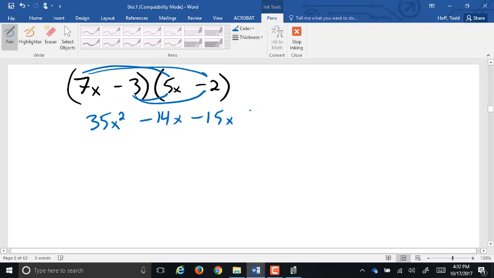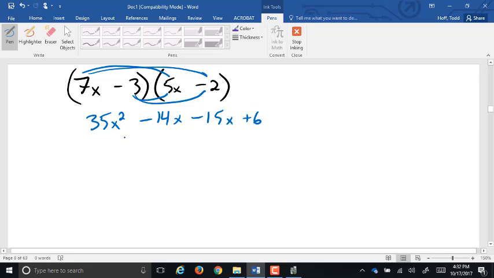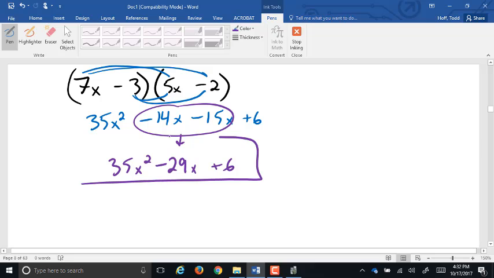And -3 times -2, plus 6. What do we combine? -14 and -15 make -29x. We still have the 35x squared and the +6. Any questions on that one?